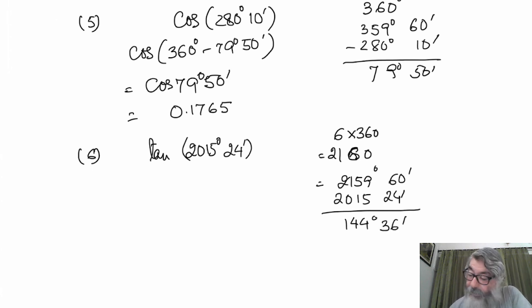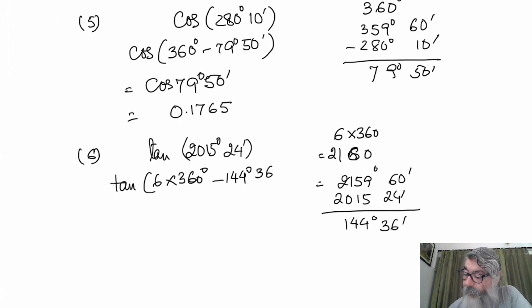So I can write tan of 6 into 360 minus 144 degree 36 minute. Again it will come into the fourth quadrant. In the fourth quadrant tan will become negative, because in the fourth quadrant only cos is positive. So minus tan 144 degree 36 minutes.